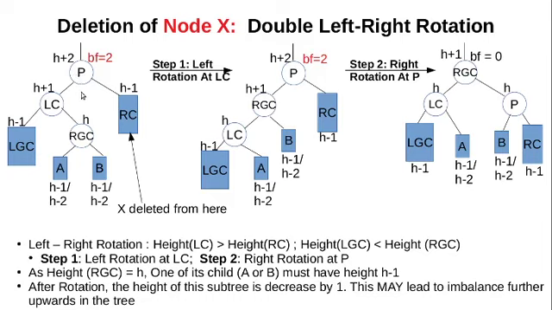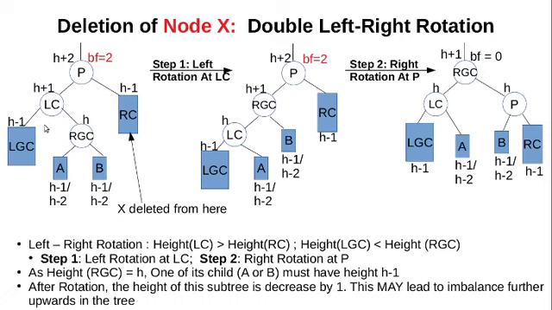As we are considering the left-right case, we assume that P is left heavy and the left child of P, that is LC, is right heavy. That is, the height of RGC is greater than the height of LGC.